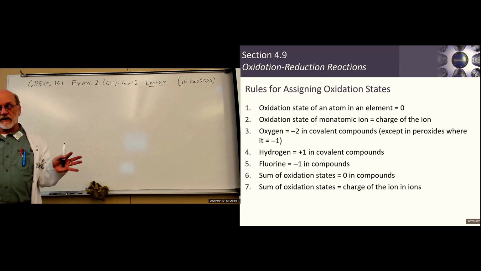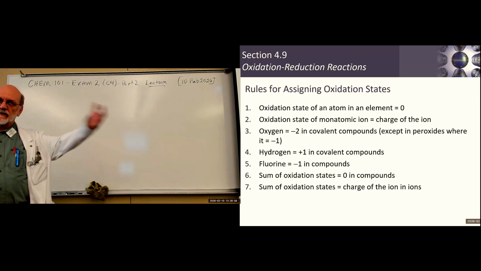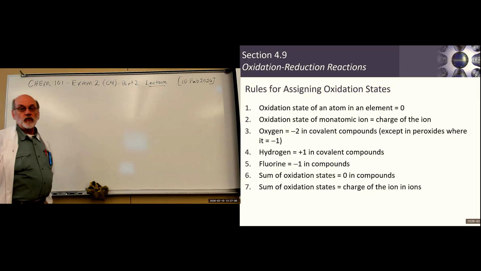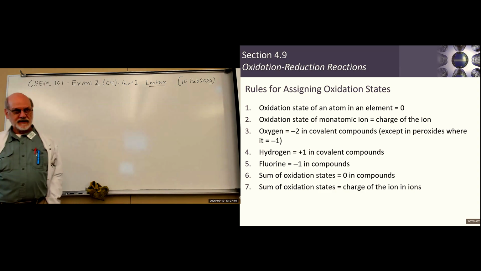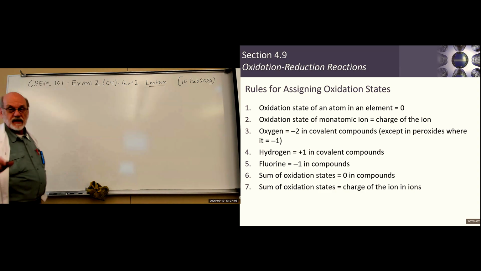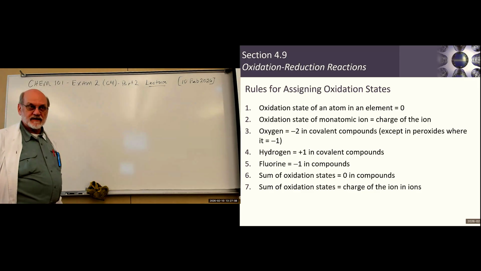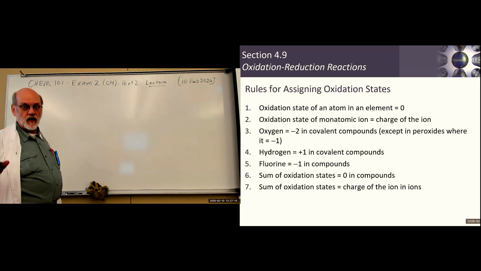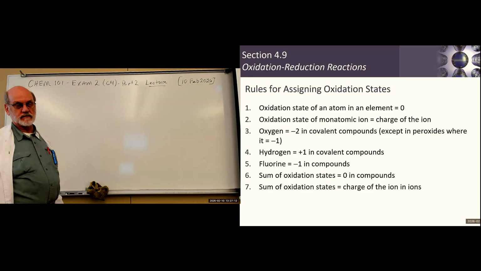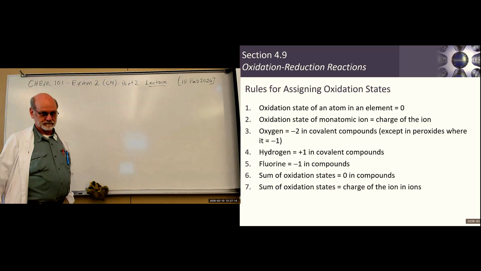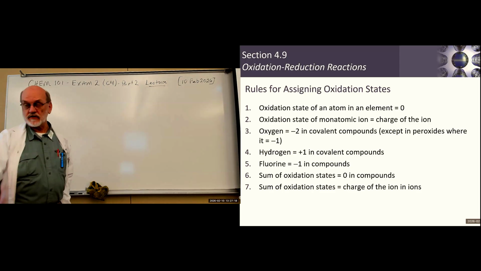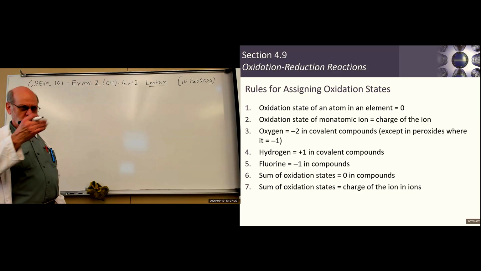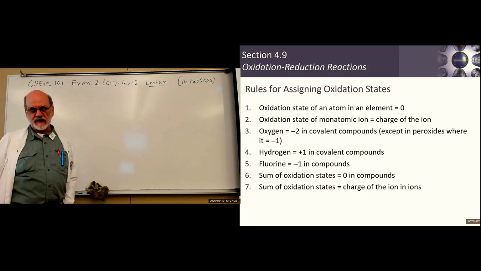You don't have ions with those. Right, we learned that when we named compounds. We need rules so that we can calculate the values for the other ones. So we always assume that an element in a reaction is always oxidation state 0. Oxidation state of a monatomic ion is the charge on the ion, like sodium +1, that's a +1 oxidation state.